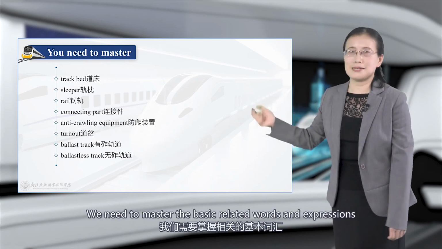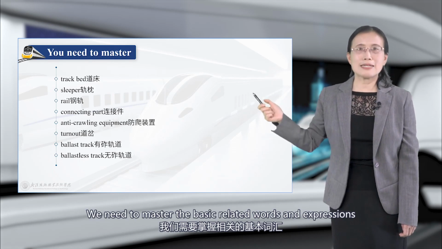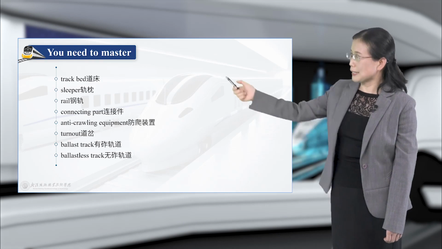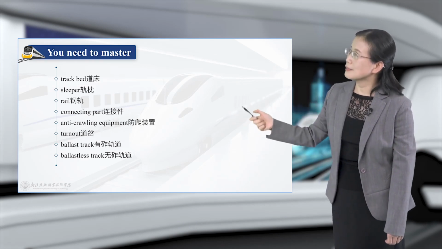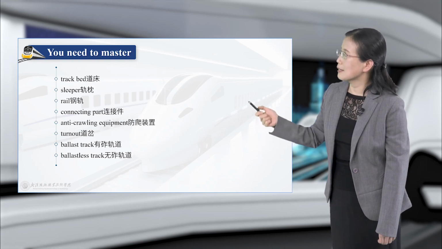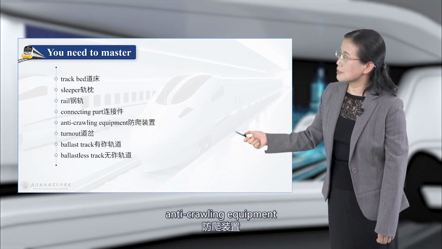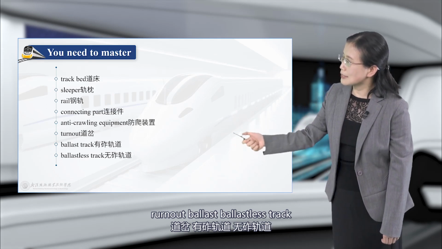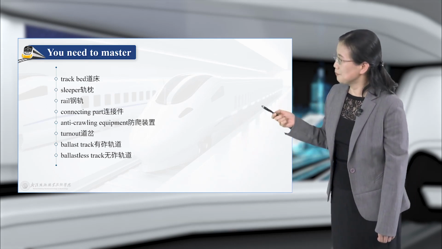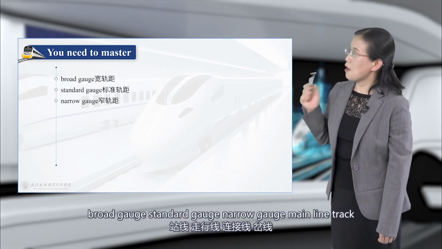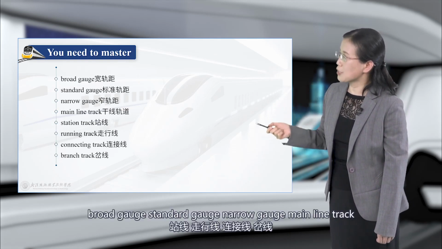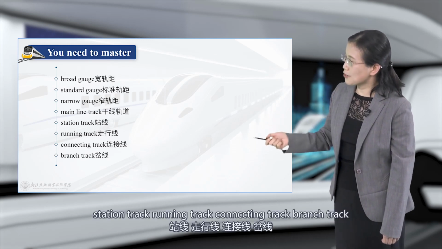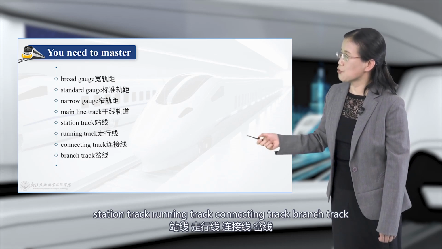We need to master the basic related words and expressions of high-speed railway, like track bed, sleeper, rail, connecting part, anti-crawling equipment, turnout, ballast track, ballastless track, and also broad gauge, standard gauge, narrow gauge, mainline track, station track, running track, connecting track, branch track.